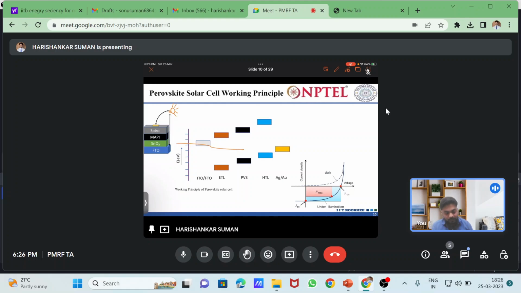When sunlight is incident, it excites the exciton, then electron hole pairs are generated in the conduction and valence band respectively. Then the electron goes to the ETL side, while the hole goes to the HTL side.